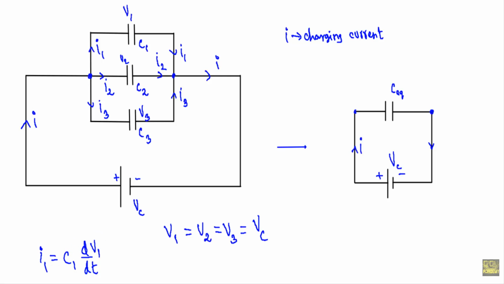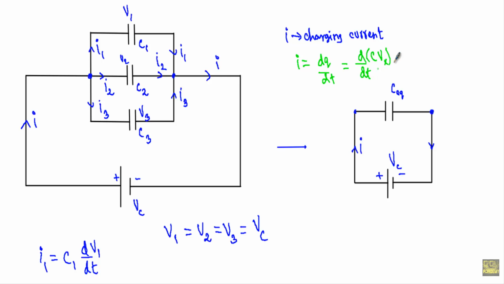How do we find that? We know that current I equals dq by dt, and the charge Q equals capacitance C times the voltage across the capacitor, let's say Vx.